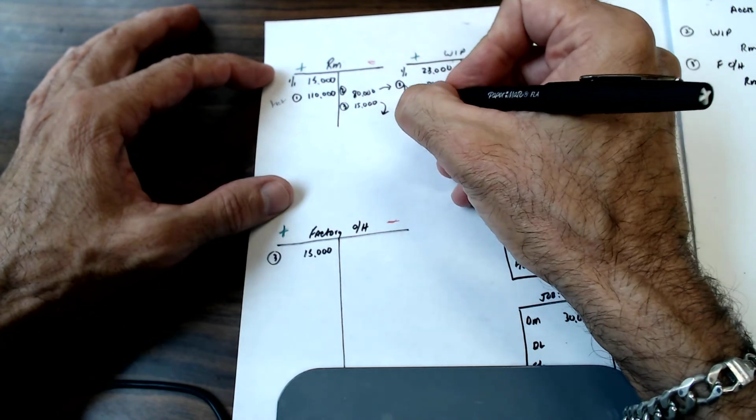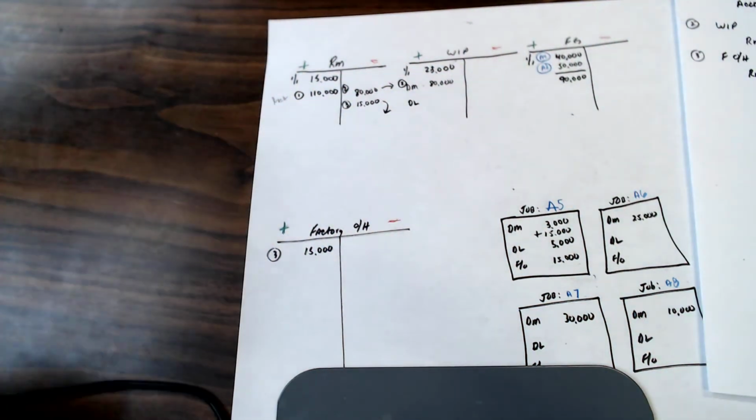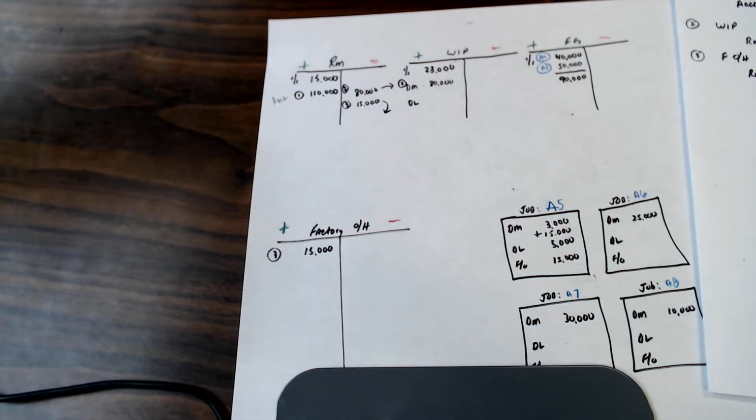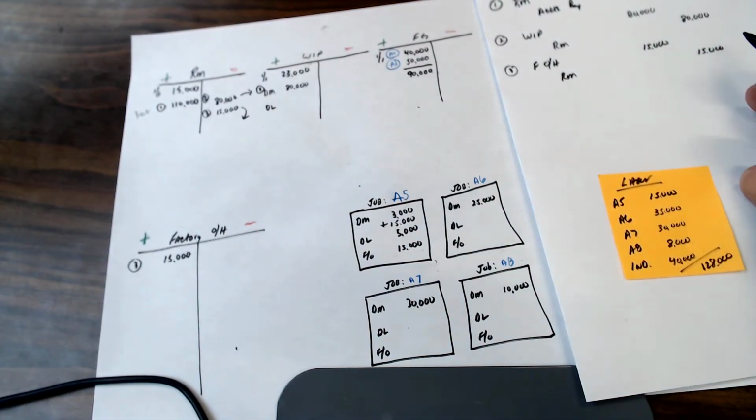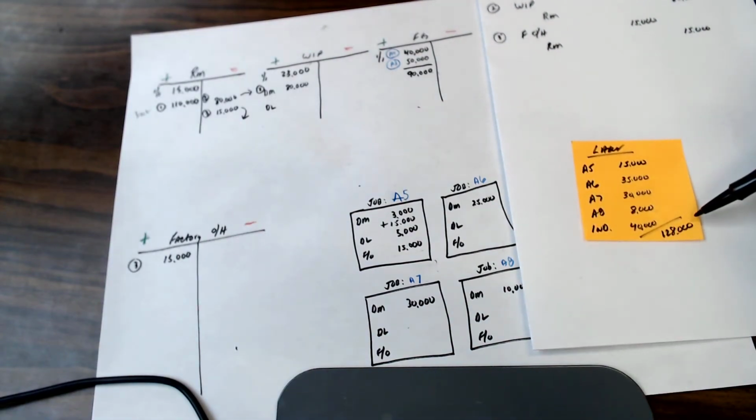What about direct labor? Let me go get the time cards. Let me break it all down and see how much we paid our employees and how they spent their time, and if we can track any of their time to jobs. So I went and got the time cards and analyzed them, and here's what I came up with. We said that labor for the month of January was a total of $128,000.